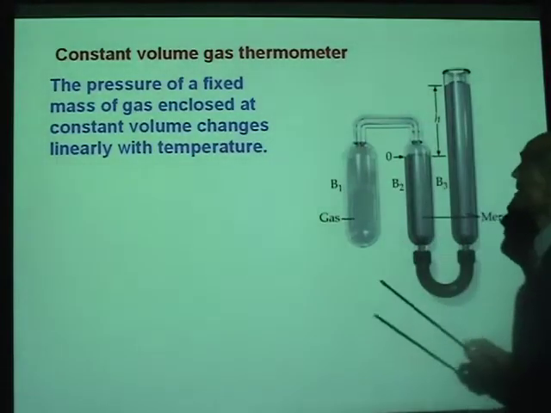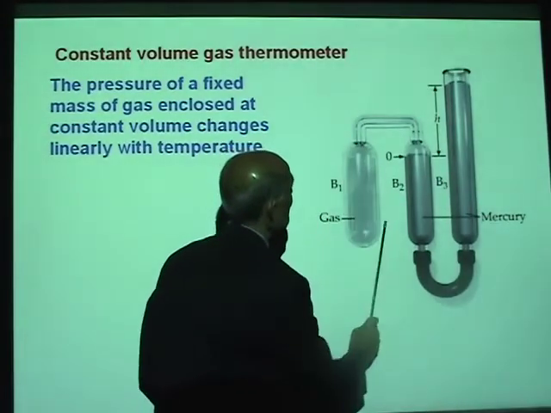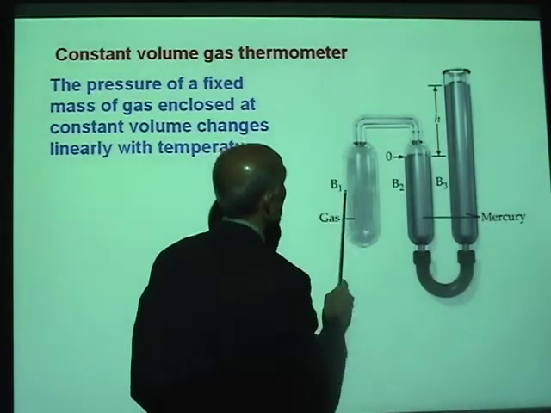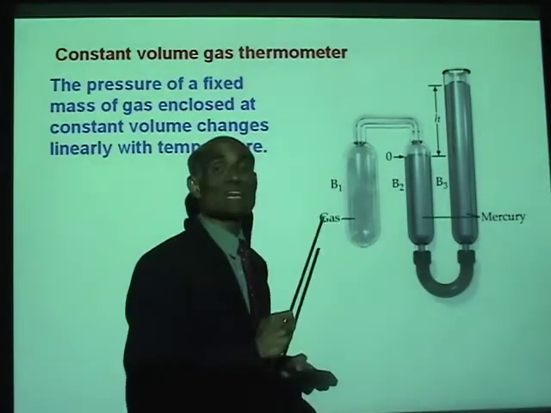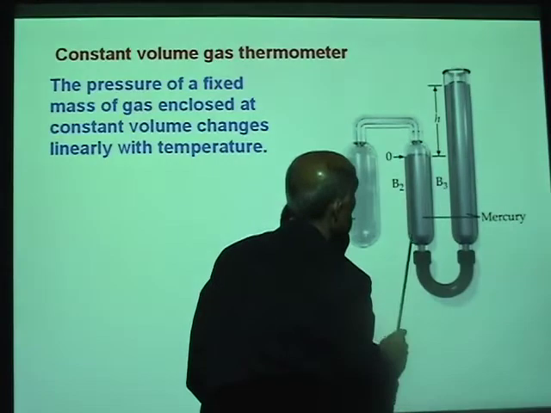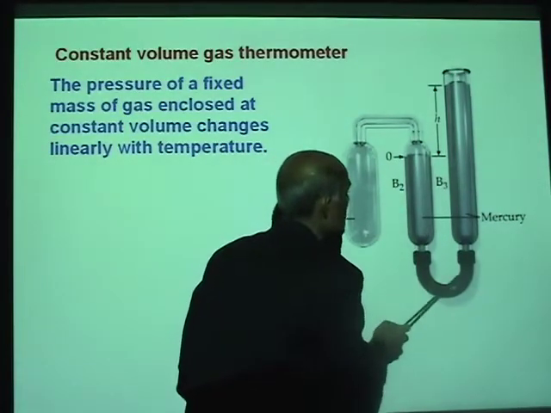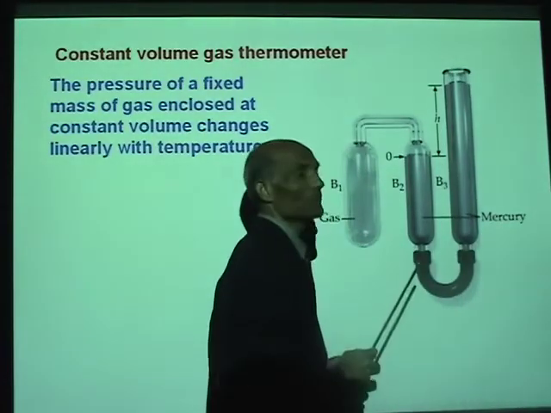I have a diagram of that arrangement here. Here I have a bulb which contains a gas. In this case, we have the gas enclosed in here. B1 is the bulb that contains the gas. Now it is connected to another bulb, B2, and that B2 is connected by a rubber tube to a third glass tube.